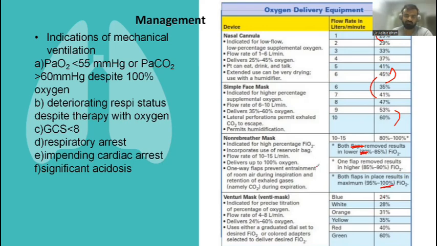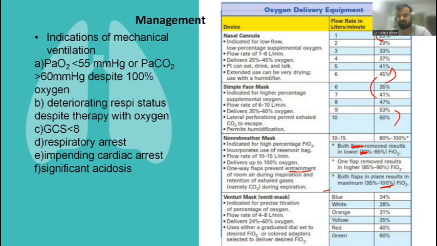And though it is a low flow device, you have to remember this word entrainment. Entrainment means that if you have a mask, the environmental air comes inside the mask. In NRBM, entrainment is at a minimum, though it cannot be 100% eliminated. It is minimum compared to a simple mask.